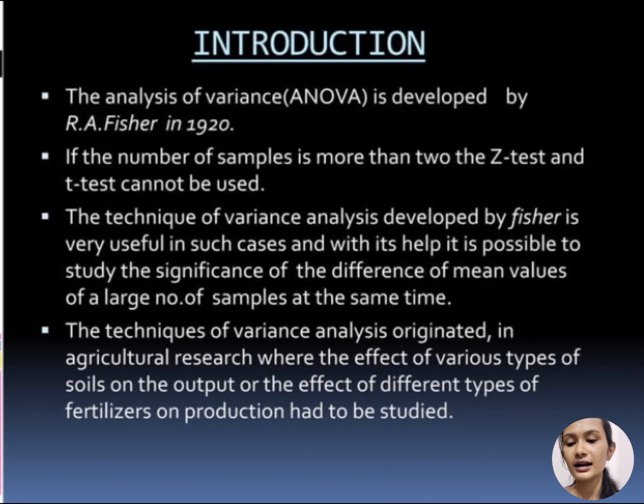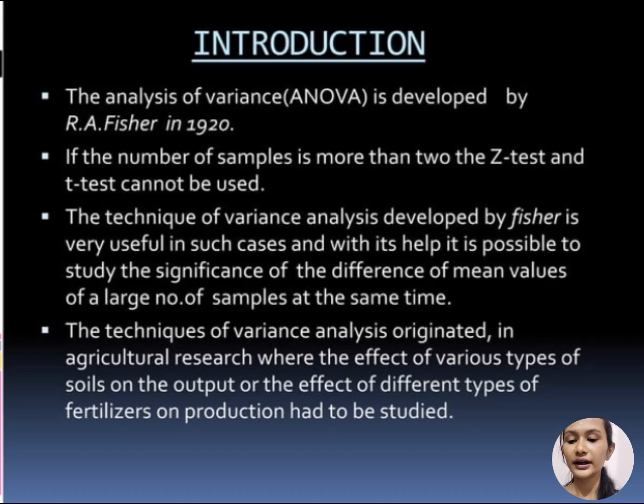Introduction. The analysis of variance, ANOVA, was developed by R.A. Fisher in 1920. If the number of samples is more than two, the z-test and the t-test cannot be used.